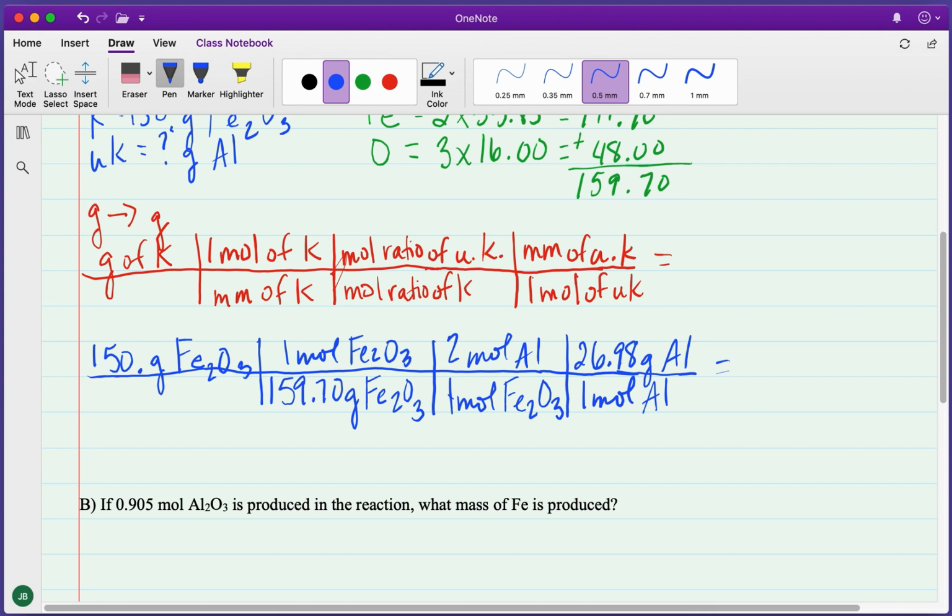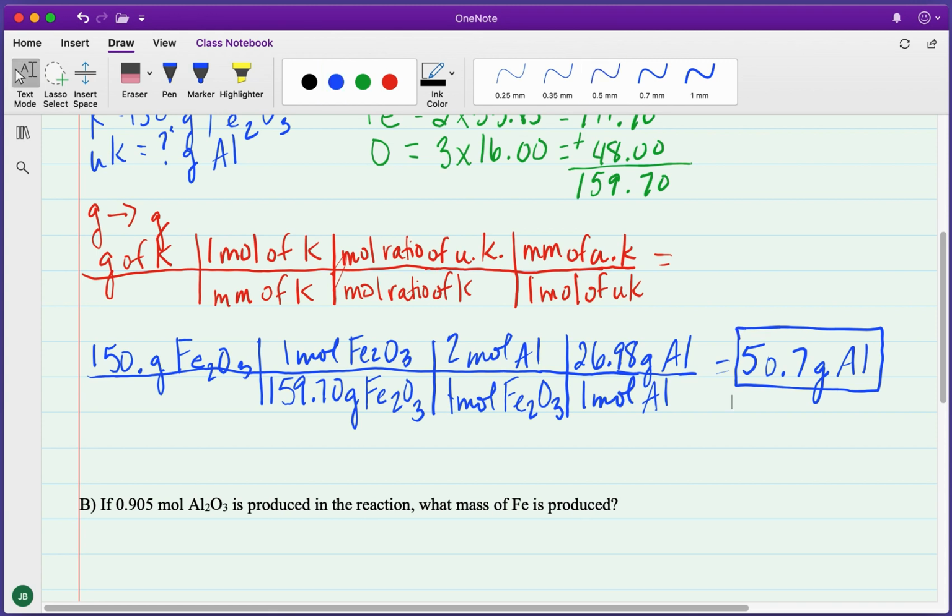Once again, we put this into the calculator and we come up with 50.7 grams of aluminum that are used when you use 150 grams of the iron 3 oxide.